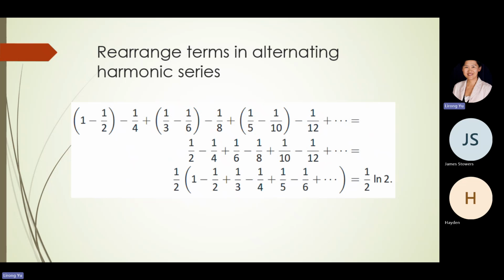If this did not have a different value, it would be log 2. That would be like natural log 2 equal to 1/2 natural log 2. We can't have that conflict. So we decide that this cannot be the same value. We're saying that when you rearrange the terms in a conditionally convergent series, it doesn't equal the same value anymore. That way we avoid a lot of conflicts. Any questions?